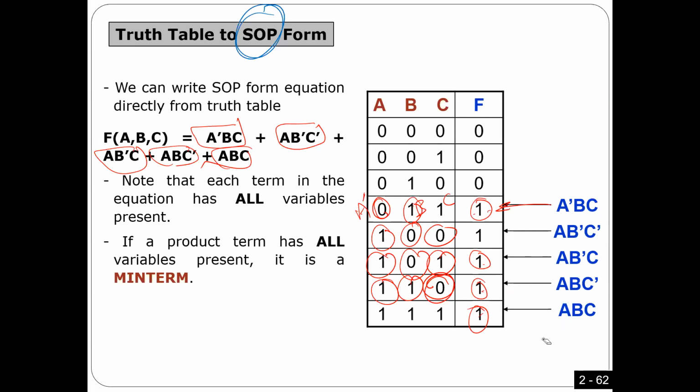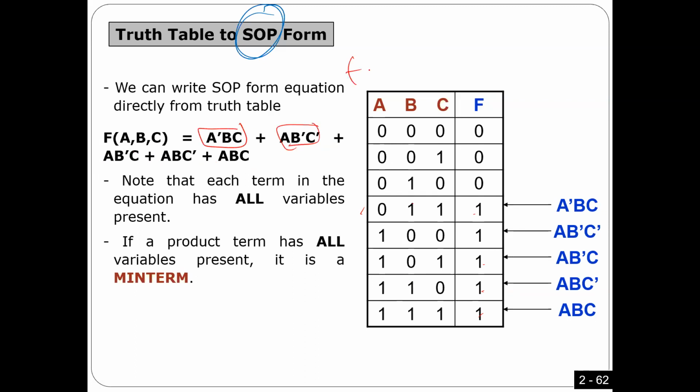Okay. One more thing I want to tell you here is that these terms, I call them terms, but actually we call them min terms. So every one here, we call a min term. Also, look here.